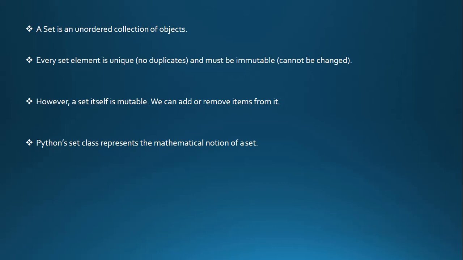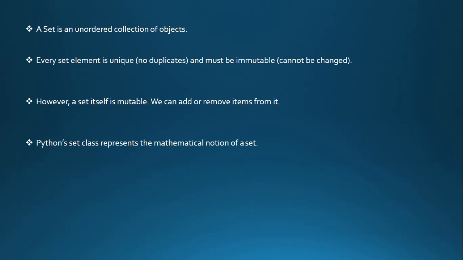Every set element is unique, no duplicates, and must be immutable, cannot be changed. That means a set cannot have duplicate items like a tuple or list, and once initialized you cannot update the value of an item in the set. However, the set itself is mutable.